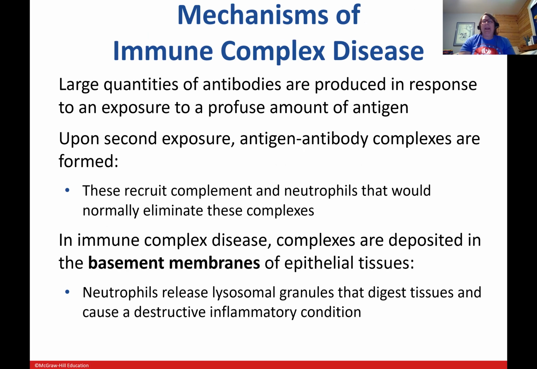Normally, the complexes would be eliminated by those neutrophils, but once they get to be a certain size, the neutrophils cannot phagocytose these complexes. And what ends up happening is that these complexes, as I said, get deposited in tissues.